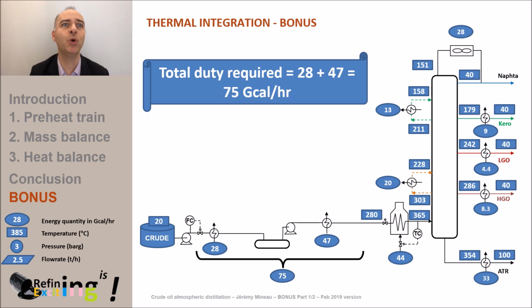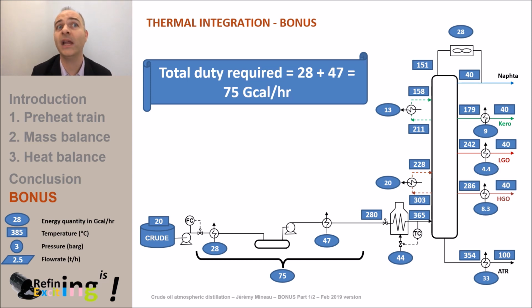Finally, if we consider that we cool the products to a storage temperature of 40 degrees C, we can recover 9 gigacalories per hour on the kerosene cut, since we cool 72 tons per hour from 179 degrees C to 40 degrees C. Same thing for the 37 tons per hour of light diesel that is withdrawn at 242 degrees C. This gives us a potential recovery of 4.4 gigacalories per hour. Then, the 56 tons per hour of heavy diesel are cooled from 286 degrees C to 40 degrees C, representing 8.3 gigacalories per hour.